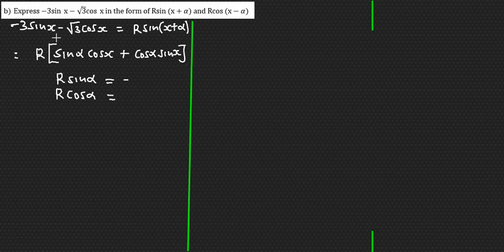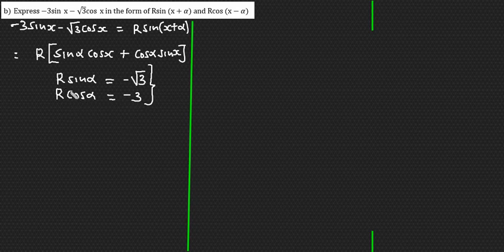Some correction here: negative root 3 is the coefficient of cos x, so r sine alpha is negative root 3, and r cos alpha is equal to negative 3. So these are the two equations which will help us to get the r and the alpha, which we shall put here, and that will be our answer.